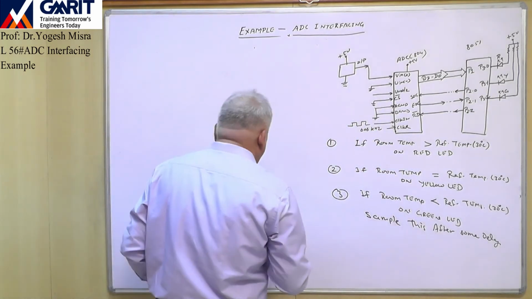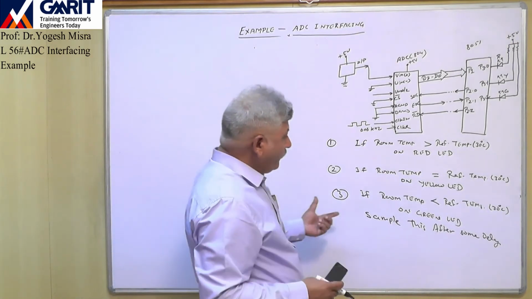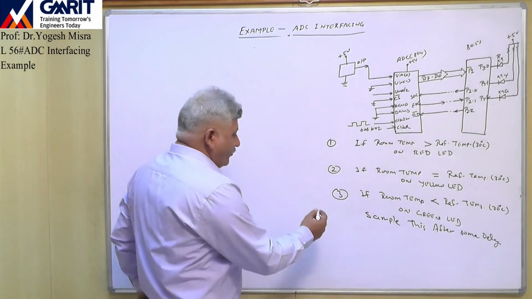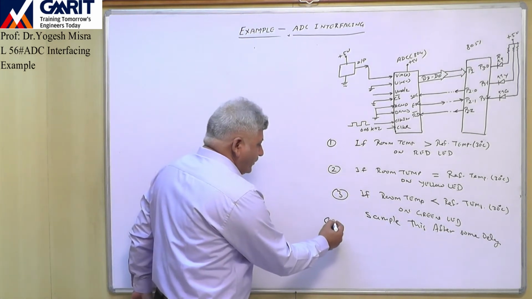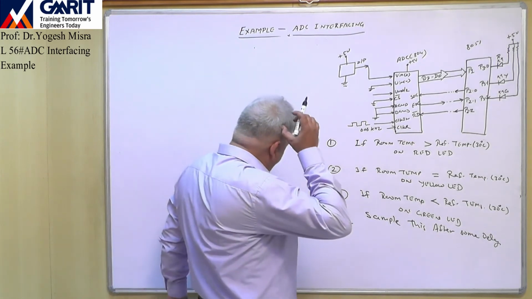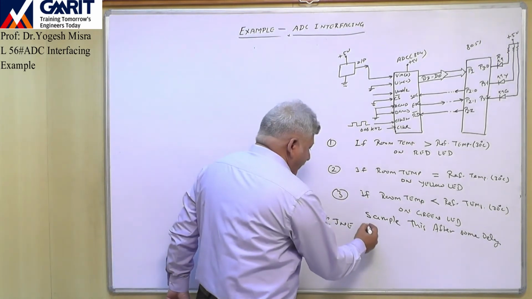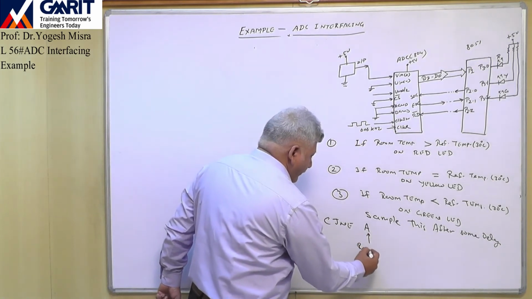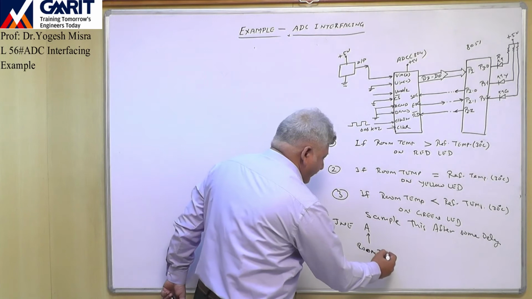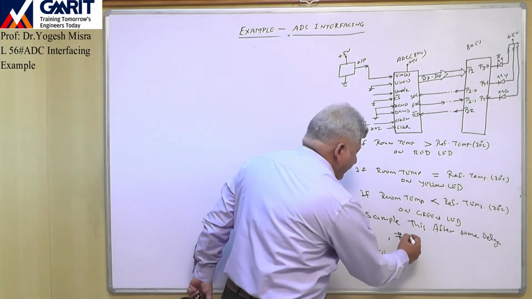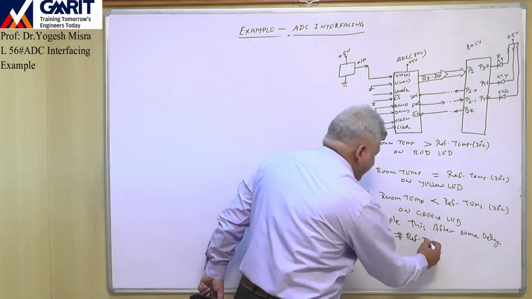Now in this application, we have to just compare two values, right. For that we can use the instruction compare jump not equal, and in A we can store our room temperature, and it will be compared with our reference temperature.